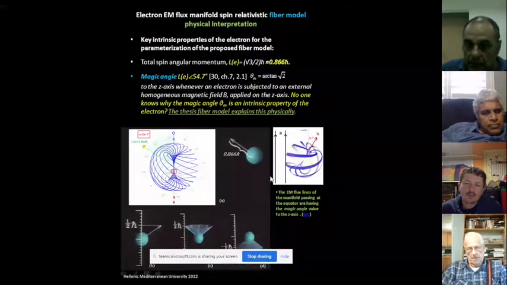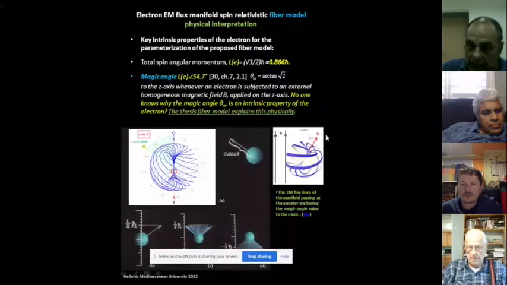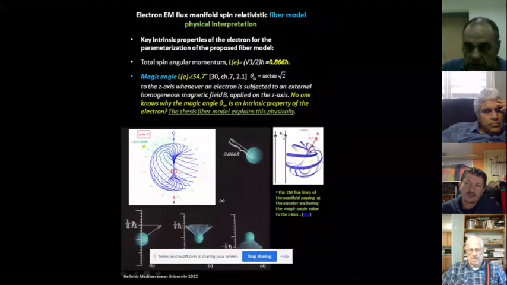You screw it onto the straight pole and turn it around, and it will align with the angle dictated by this inclination. So the flux lines come in at exactly 54.7 degrees to the vertical. That is exactly the reason for the quantization of the magnetic moment in space, because it can take only two values: up 54.7 degrees, and if the external field is reversed, the other way, minus 54.7.